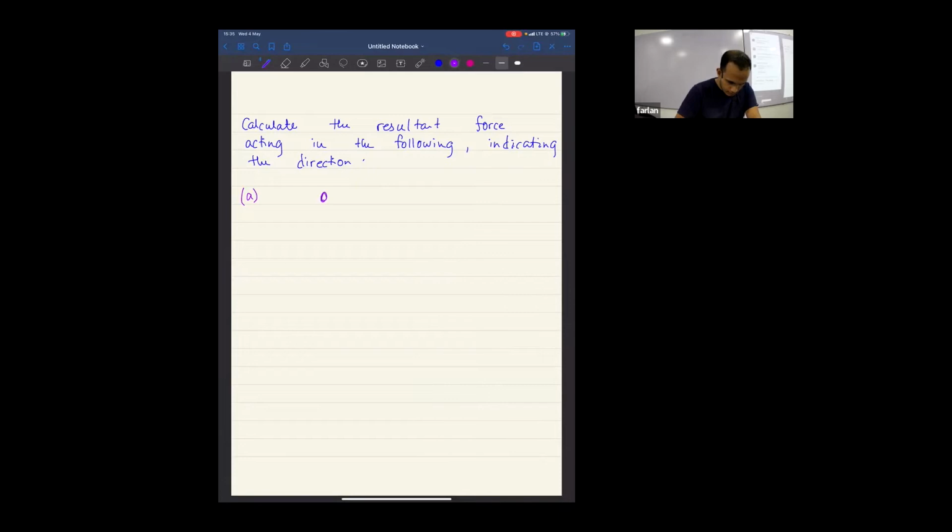There's a force of 6 newtons acting this way, and a force of 4 newtons acting this way. Let's get the answers to 2 decimal places, okay?